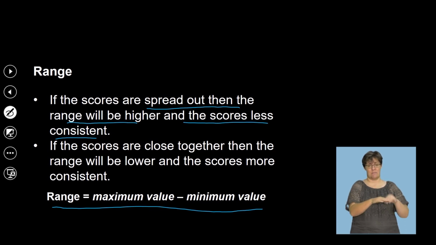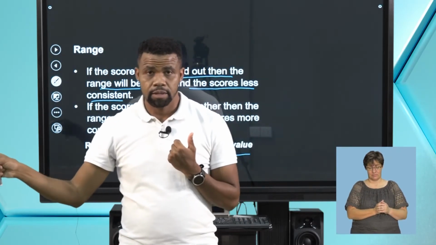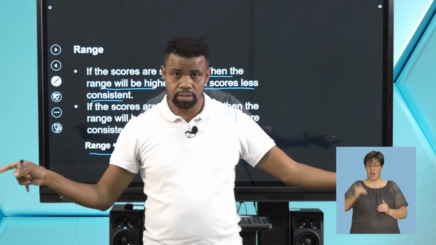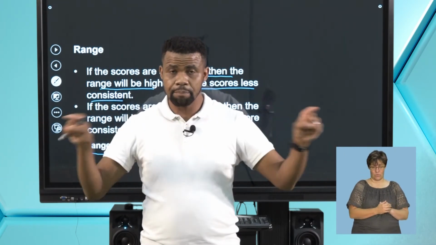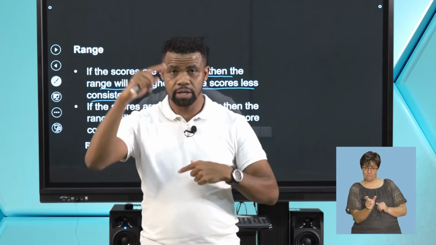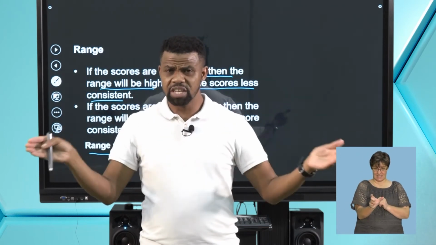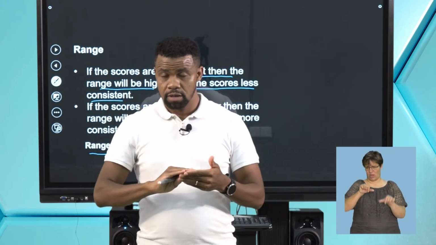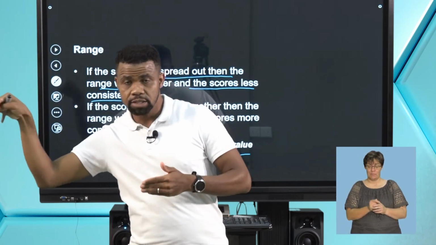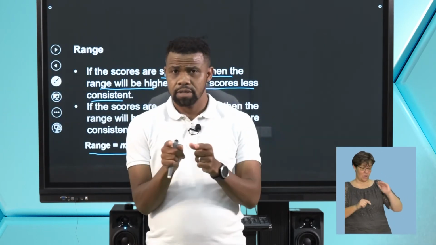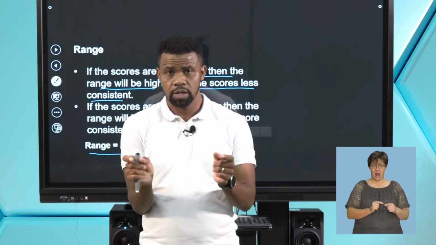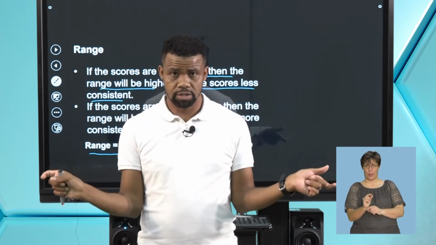Are we together? The highest minus the lowest. If the gap between them is bigger, it's a bit inconsistent. But if the highest minus the lowest, the deviation, is small, the data might be consistent.